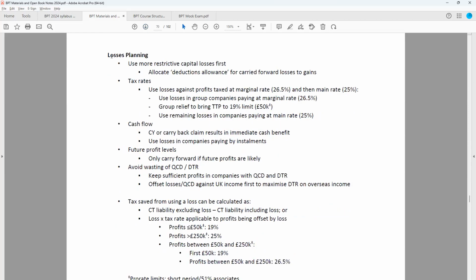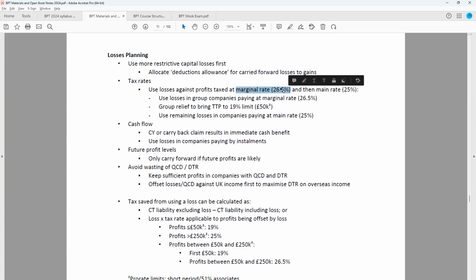So when we look at corporation tax losses and planning, we'll think about what is the best way to use a loss, for example. This is one of the considerations of many when we're deciding which method of loss relief should be applied. But again, obviously, it makes quite a lot of sense.